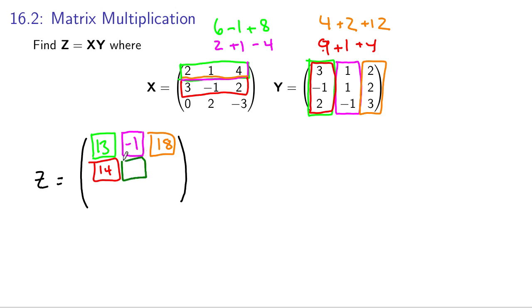Second row, second column. We have 3 times 1 is 3. Negative 1 times 1 is negative 1. 2 times negative 1 is negative 2. 3 minus 1 minus 2 is 0.